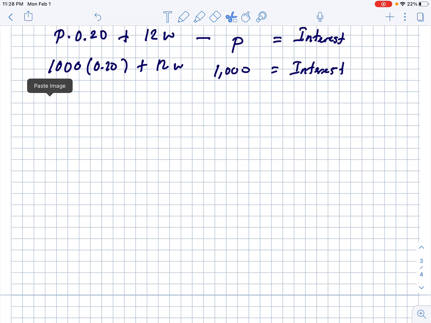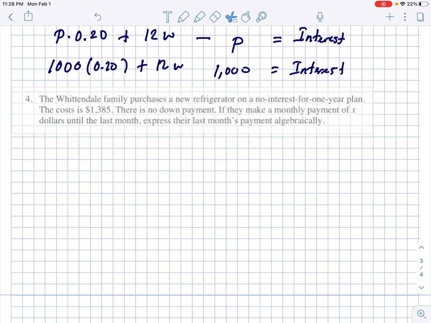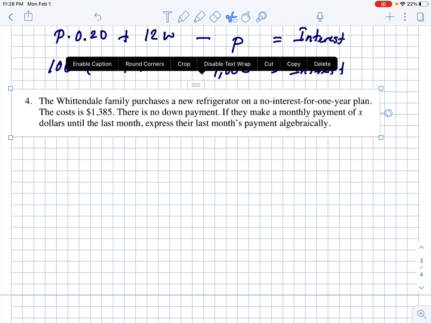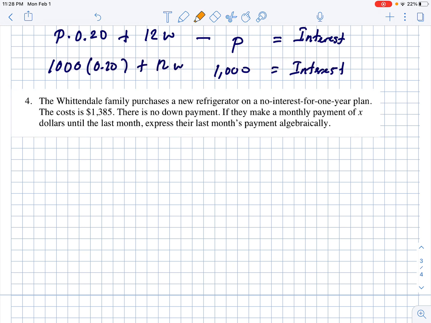The Whittendale family purchases a new refrigerator at a no interest for 1 year plan, so no interest being charged at all. The cost is $1,385. There is no down payment. If they make monthly payments of X dollars until the last month, express their last month's payment algebraically.